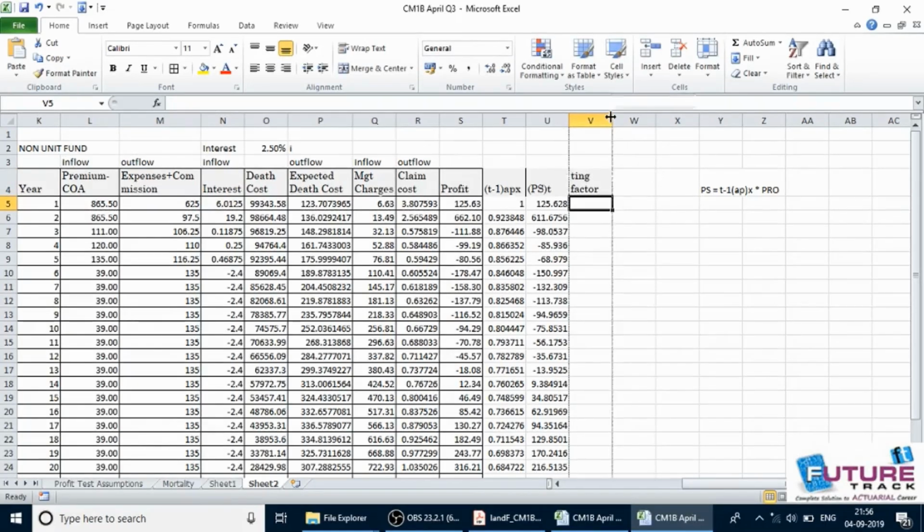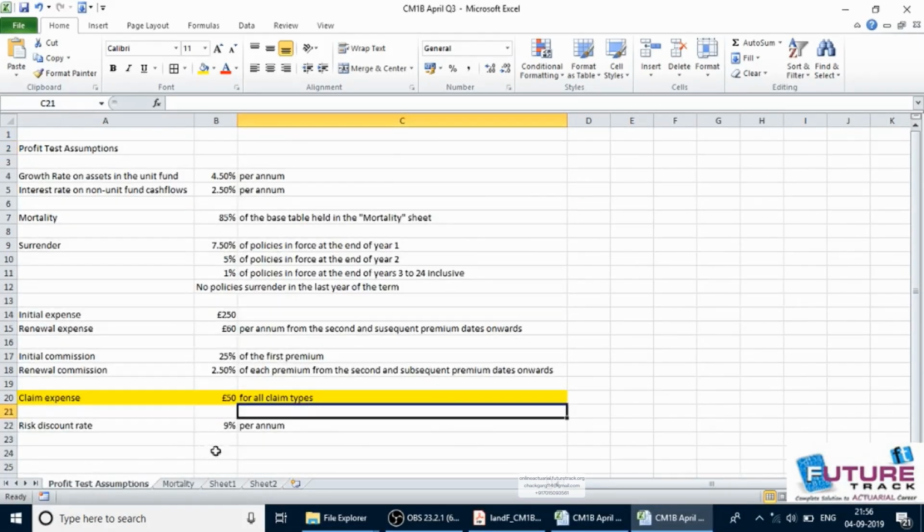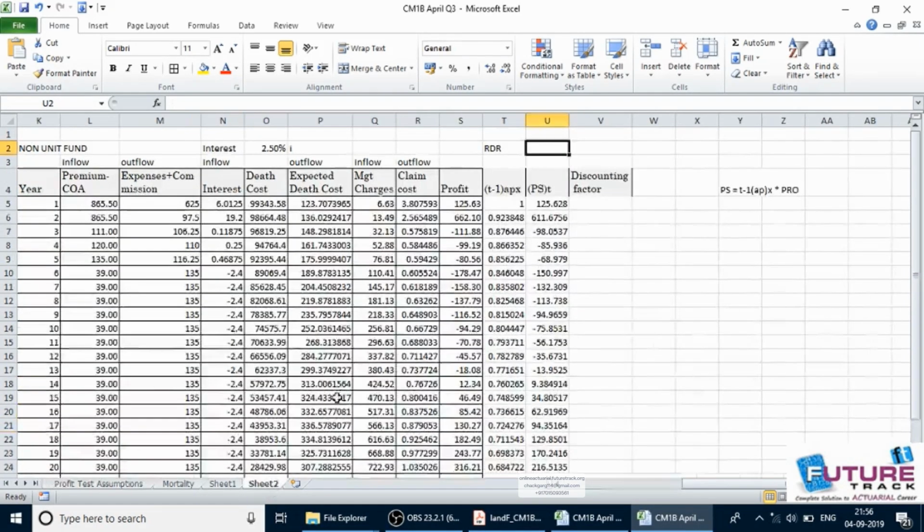For the discounting factor, we are using the risk discount rate RDR, which is given to us as 9%. Let me give the name RDR. So this is my risk discount rate.